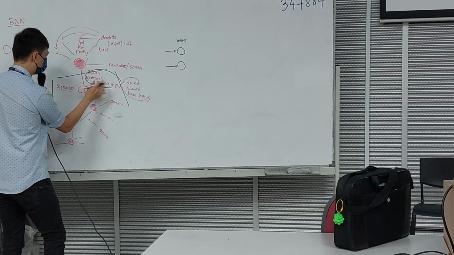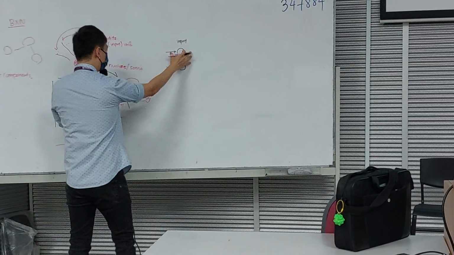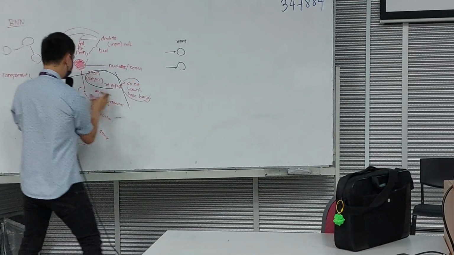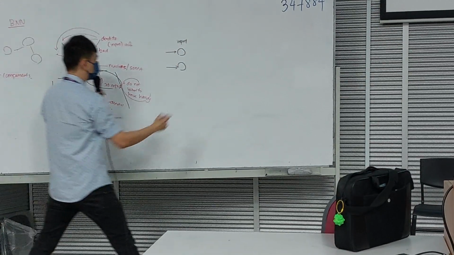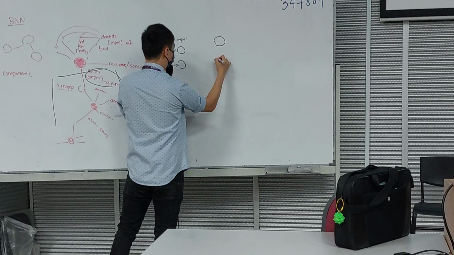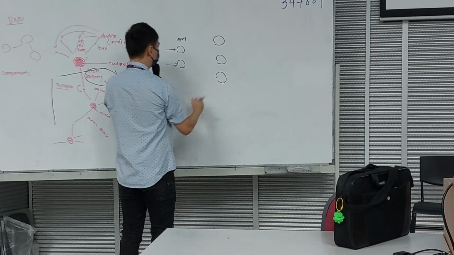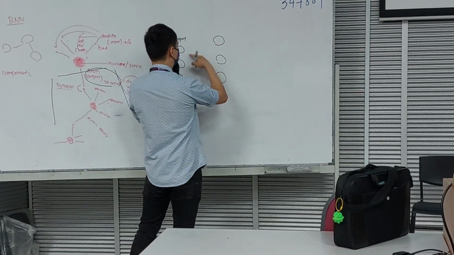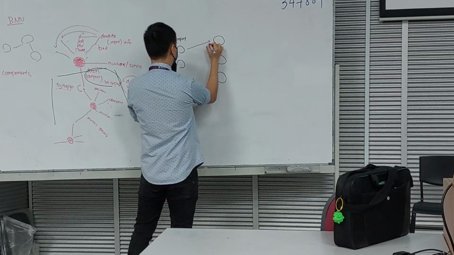We have this input here, and this input will pass to another neuron. We have other neurons here. In order to pass the information to another neuron, we have to go through the synapse.